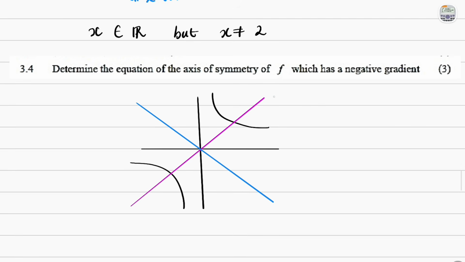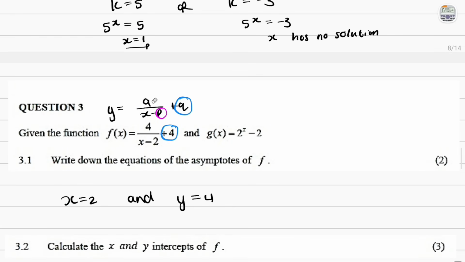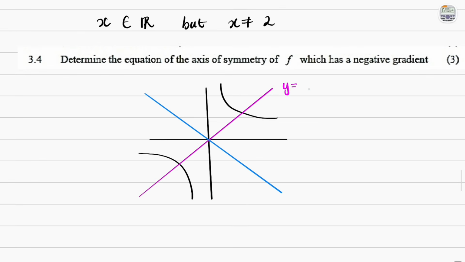The one with the positive gradient has a very simple equation. If you remember the general form of your hyperbola, y equals a over x minus p plus q, then you remember this. It's actually y equals x minus p plus q. So that's the one with a positive gradient. As you can see, the coefficient of x is a positive invisible 1.